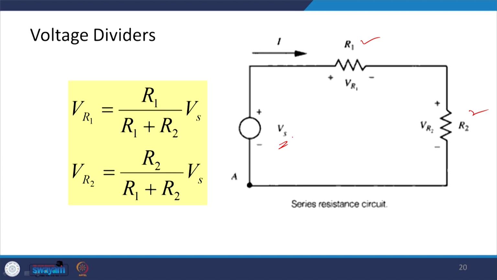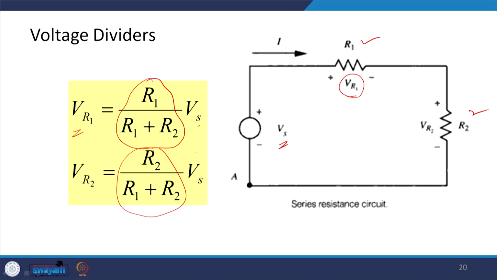Okay. So, for example, the voltage across R1, VR1, we can write as Vs times R1 by R1 plus R2. Okay. And similarly VR2 I can write as R2 by R1 plus R2 into Vs. Okay.